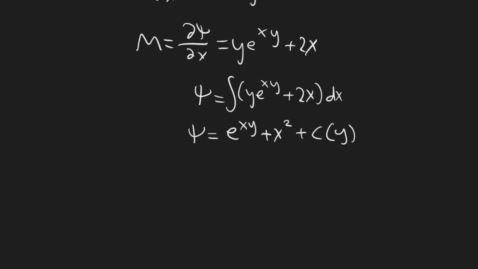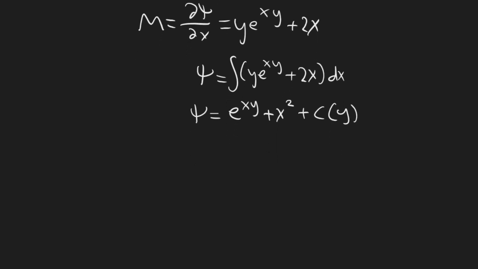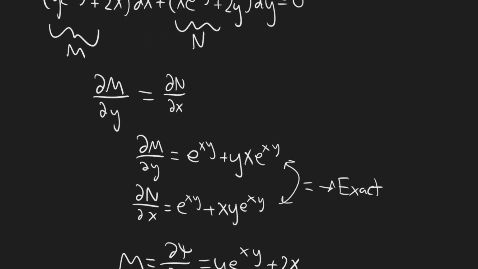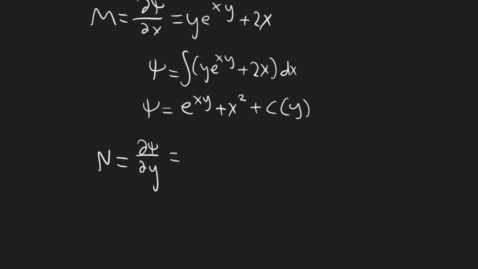All right, let's move forward and let's find out what this function is. And we can do that because we know N equals partial psi partial y. And in this case, N is x e to the xy plus 2y.